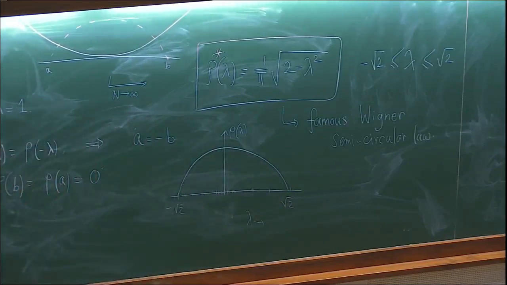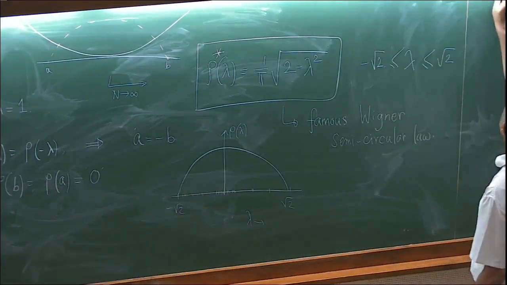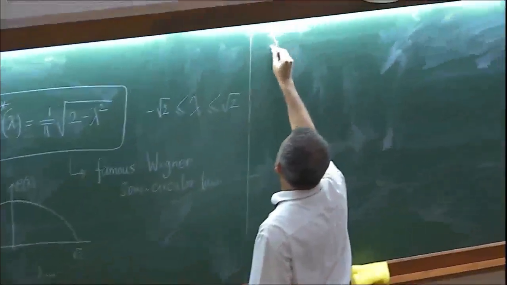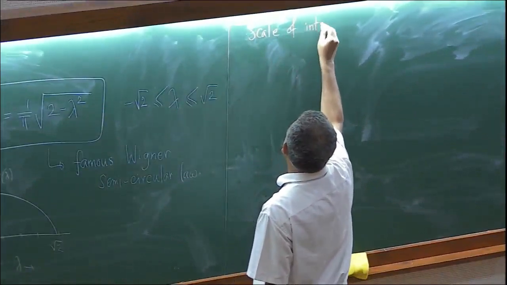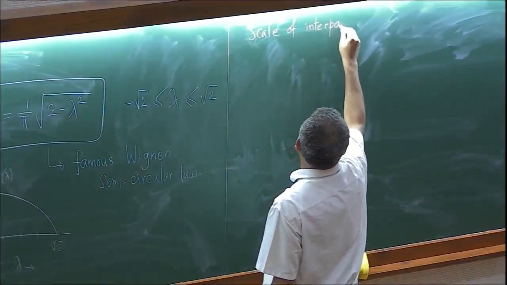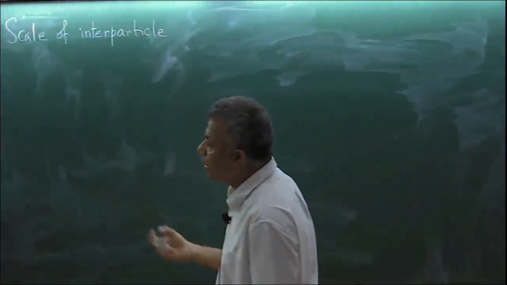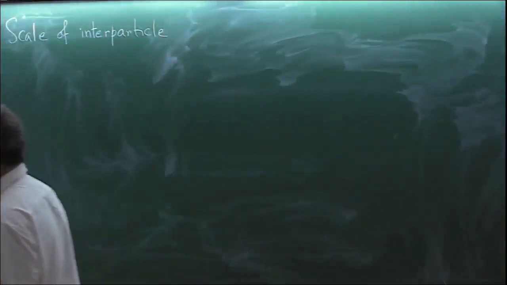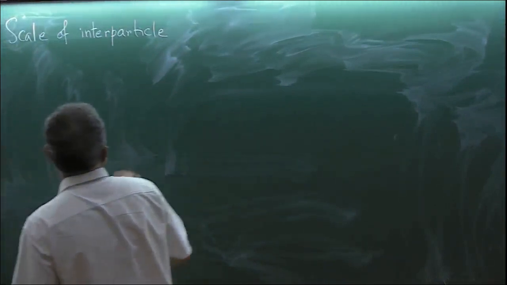So we can easily estimate, given this, what is the interparticle spacing scale. I mean, this says the global density is independent of n, but the interparticle spacing clearly still depends on n because you are putting n particles in a finite region of space.